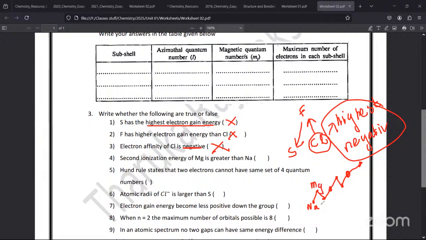So magnesium's first ionization energy is greater than sodium. But when you go to the second ionization energy, magnesium jumps to here and sodium goes there. Sodium drops into the previous period, which is very large. So this statement is also wrong.